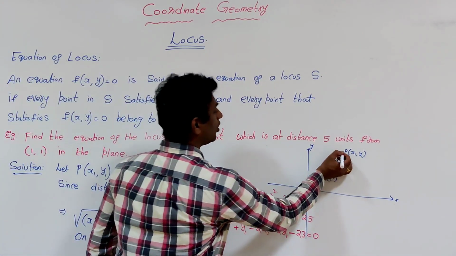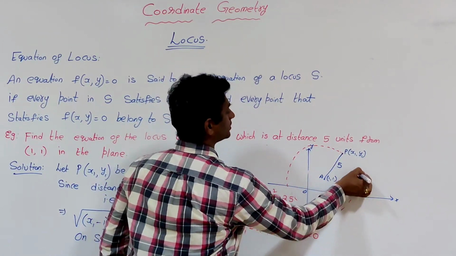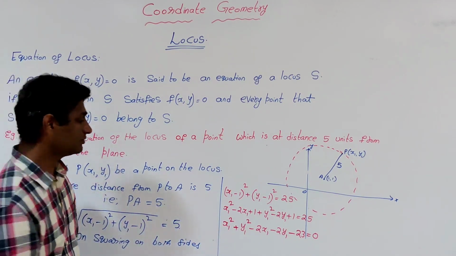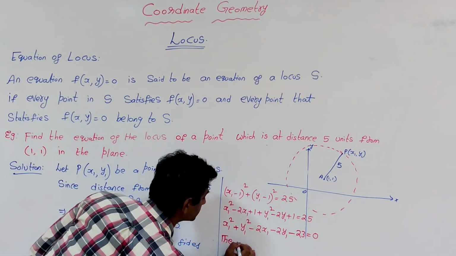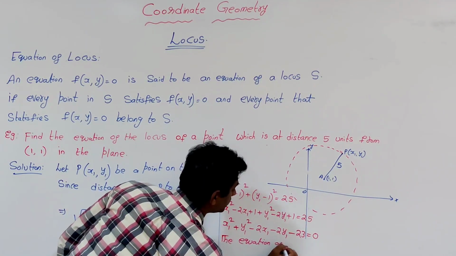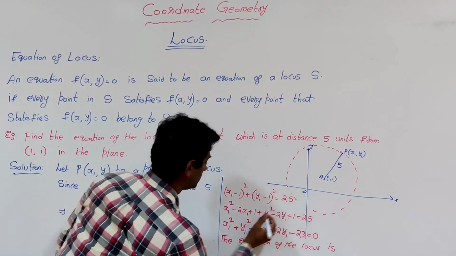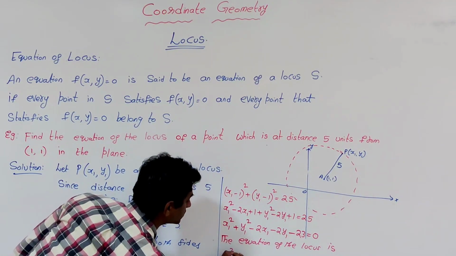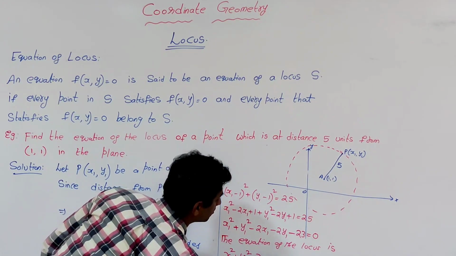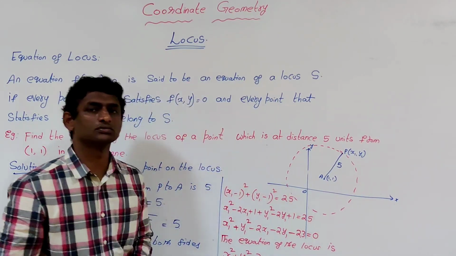If we club all the points, that represents a circle. So in general, the equation of the locus is x square plus y square minus 2x minus 2y minus 23 is equal to 0.